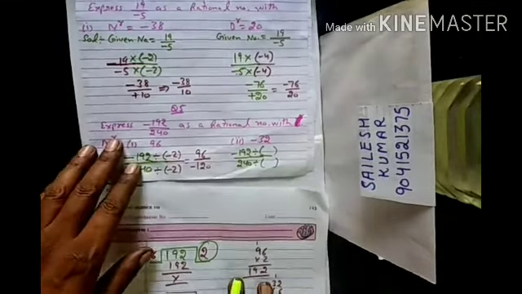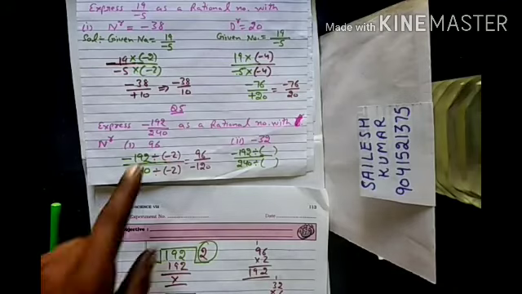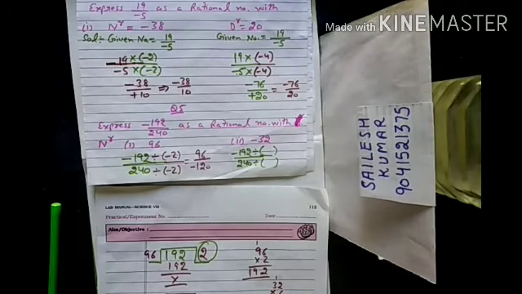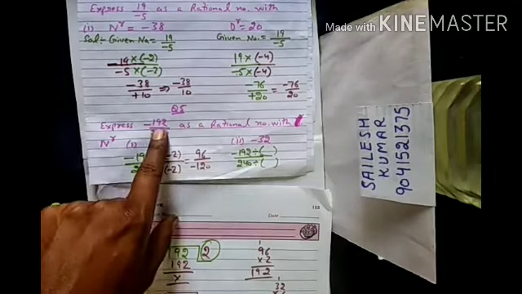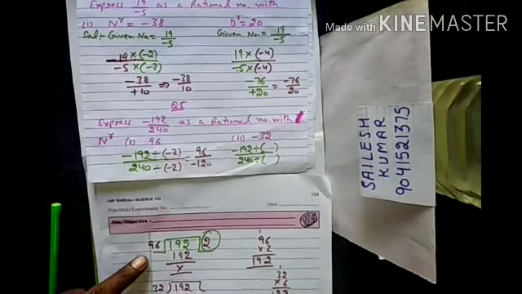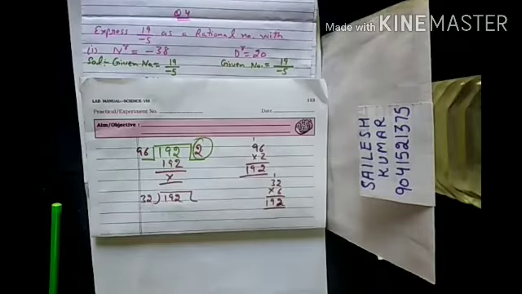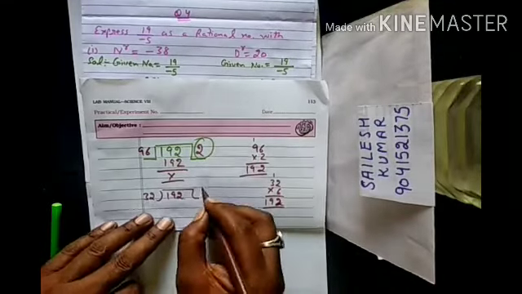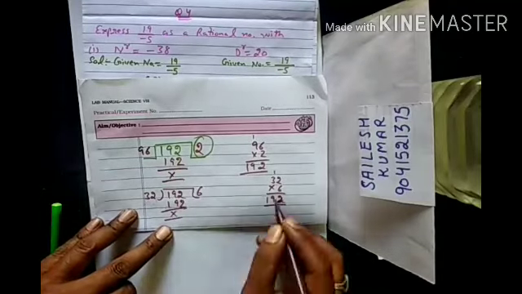Here in the second part we have to convert the numerator to -32. So we have to reduce the numerator. As per the first question, we will divide the given numerator by the required numerator. So I will divide 192 by 32. When I divide, I get the answer 6 as per this rough work.